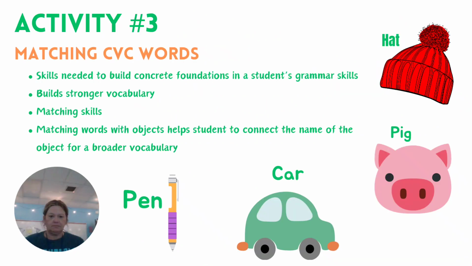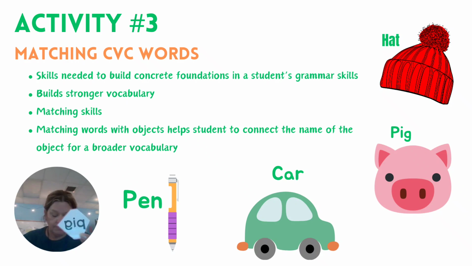Okay, so our next activity we're going to talk about is building concrete foundations in their grammar with CVC words. So the way we typically do this activity is we would pick a word, this word pig. We would help them sound it out, pig, pig, help them to recognize this word.